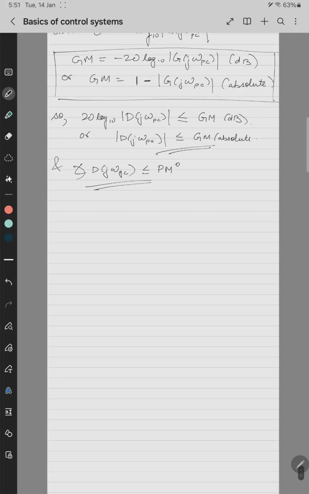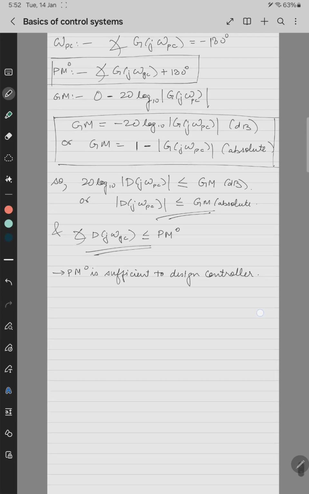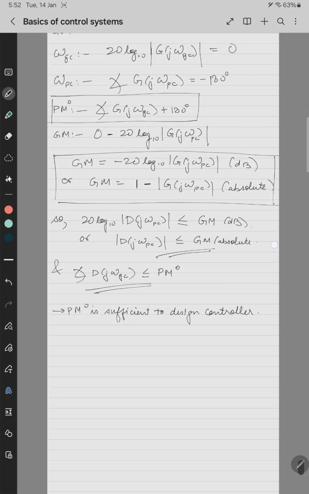So basically phase margin is sufficient to design the controller. There should not be a strict restriction on the gain margin, that you should also work on gain margin. Phase margin is sufficient because of this special case.